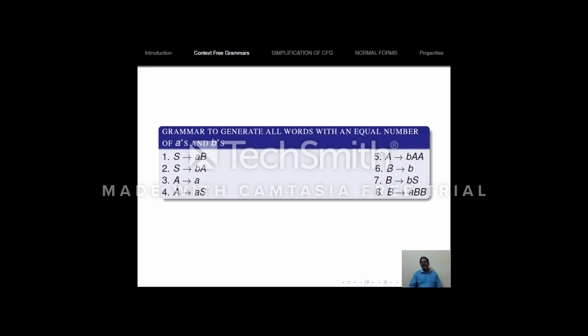After that, it may be suffixed by capital S or capital BB. In the same way, rule number 3 and rule number 6 are for the termination.